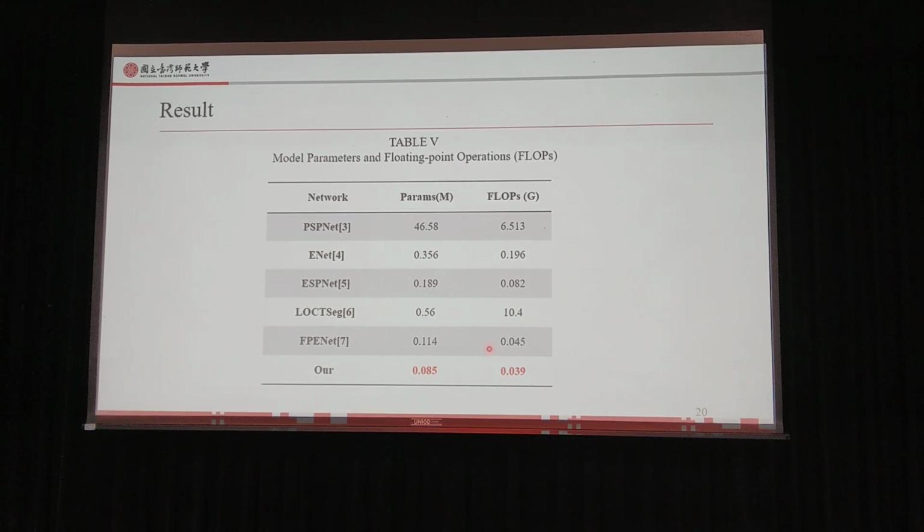Because you compare two parts, one is the parameters, and the second is FLOPs, right? Yes. So can they both be improved more? I think it can improve more, but I need to make some changes to our model. So you can try. Yes. Okay. No further question. Okay, thank you. Thank you.